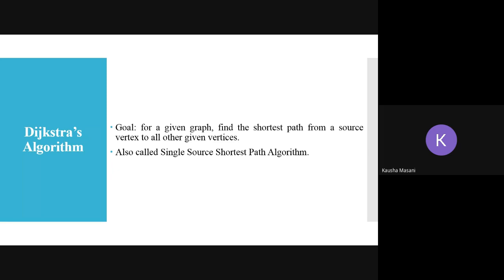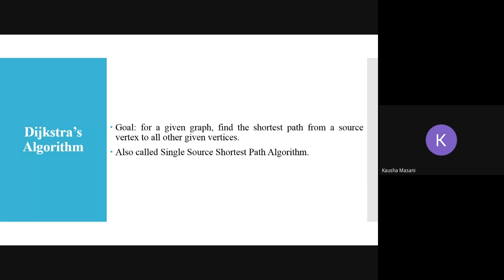Right? Either you travel from Nepal to point 1, point 2 and Rajkot. Or from Nepal you come to point 1 and directly to Rajkot. Correct? There can be several ways. But which one is going to be the shortest way for you? That is what this particular algorithm will help you.